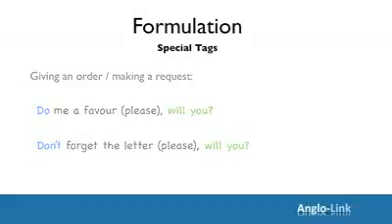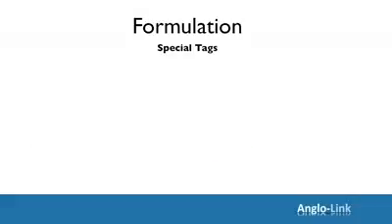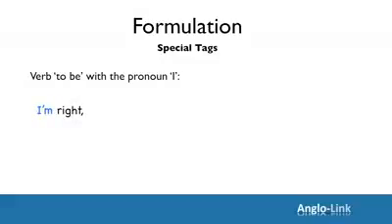And the final special tag you need to be aware of is the tag that we use with the verb to be, with the pronoun I, when the sentence is positive. Because as you know, the verb am does not have a negative contraction. So we use aren't I?